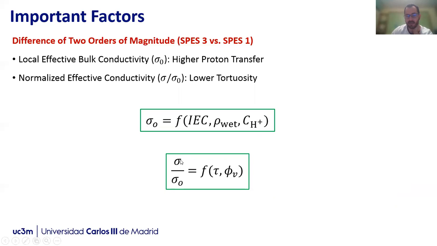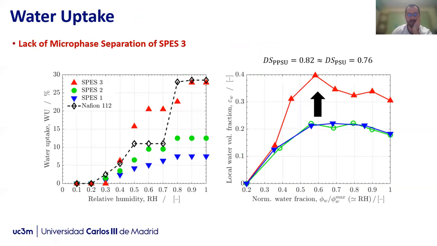The normalized conductivity is affected by the tortuosity and also the volume fraction of water. So we have to improve conductivity by touching bulk conductivity, but also the structure. This is the key point of this investigation, to extract useful information.